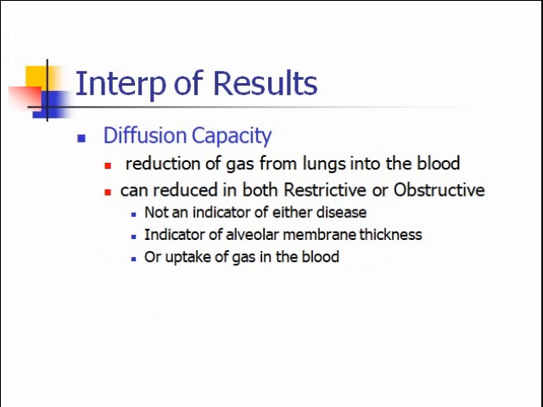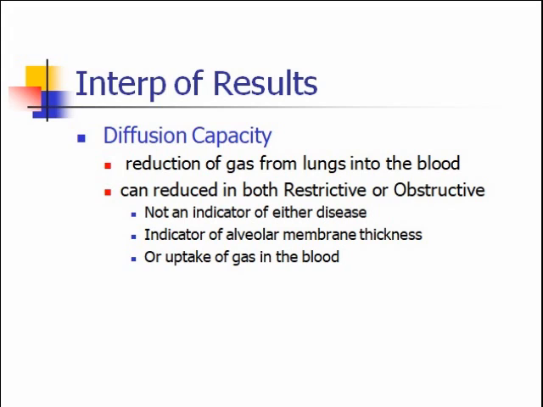Diffusion capacity is the measurement of the gas moving from the alveoli into the blood. Now, this is basically an indicator of alveolar membrane thickness. That's what we're concerned about. But in some cases, like when carbon monoxide binds up the hemoglobin, the measurement can also be low.